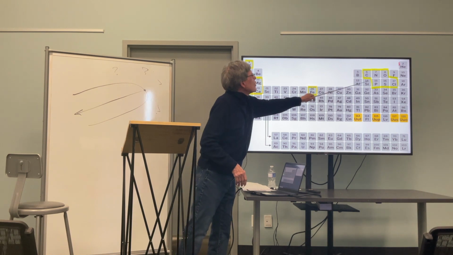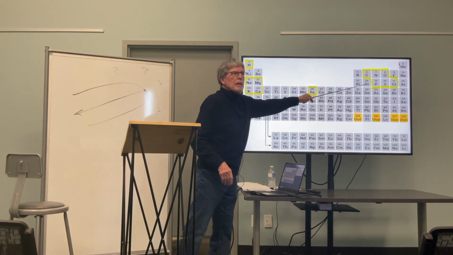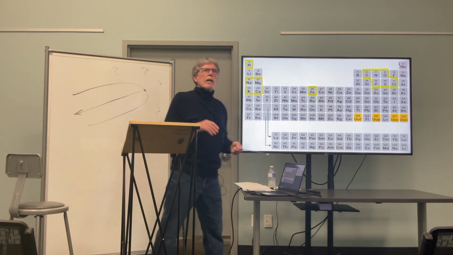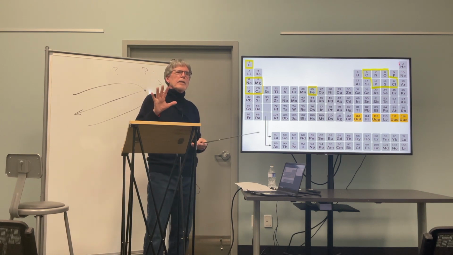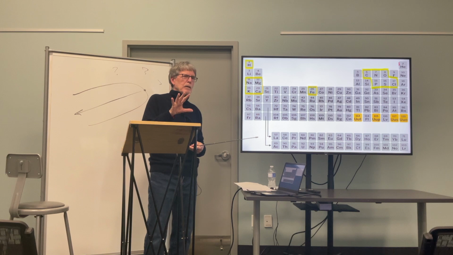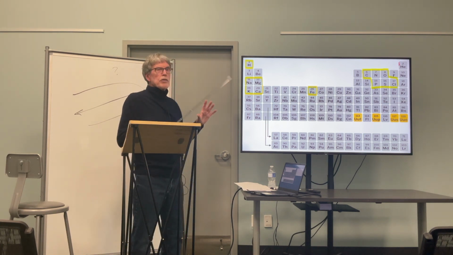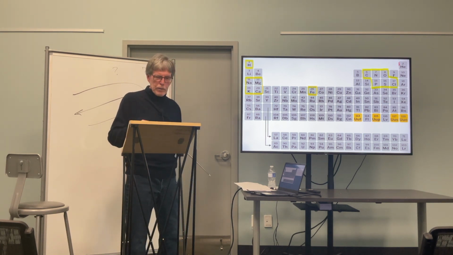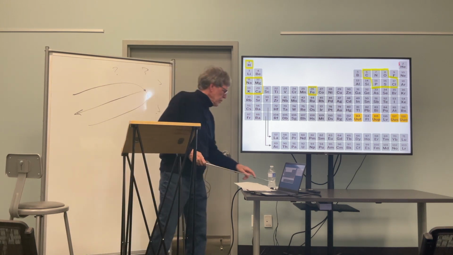There's silicon right underneath carbon. So some people have speculated that elsewhere in the universe, life could be built with silicon as the matriarchal element. There are very compelling reasons for not thinking that, but anyway, that's the possibility.